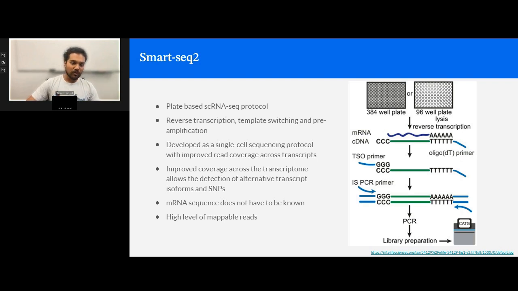So this protocol allows for improved read coverage across the transcripts. And if there's improved coverage across the transcriptome, it allows for better detection of alternative transcript isoforms and SNPs. One good thing about this protocol is you don't need to know the mRNA sequence to follow this workflow, and the reads that you get from this protocol are usually highly mappable.